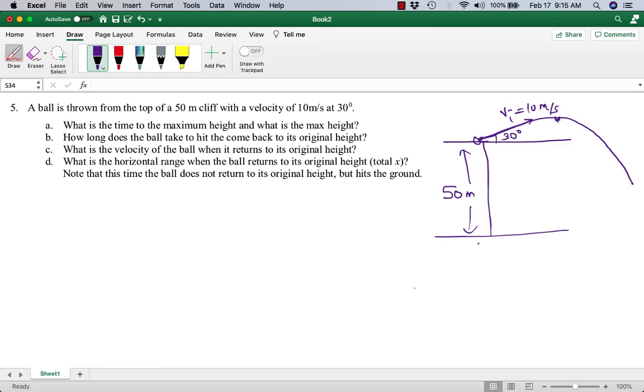Do we want to choose this bottom as the origin or this top as the origin? It's all up to you. You can choose either one as the origin. The choice of origin is always arbitrary. So I'm going to choose this bottom part as the origin, so this would be my y equal to 0.